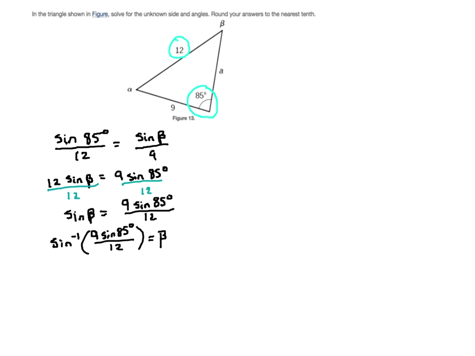And when I put that into my calculator, I get that beta is approximately 48.3 degrees.